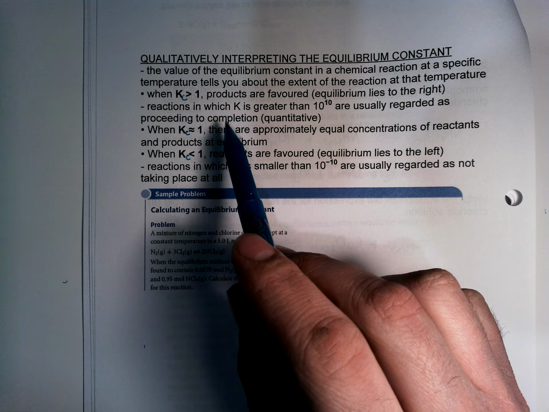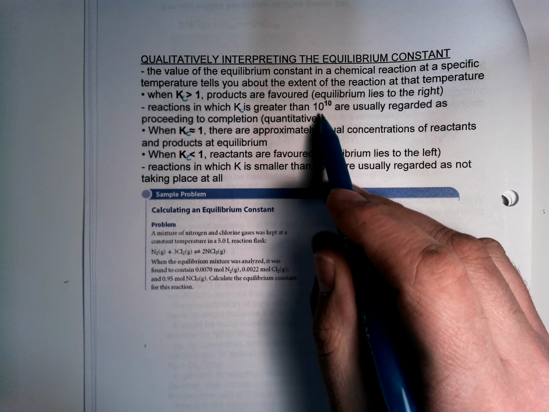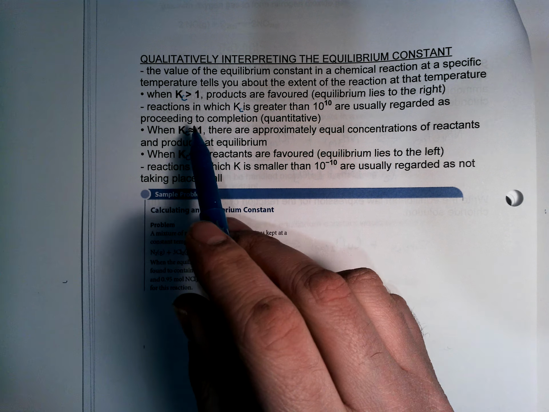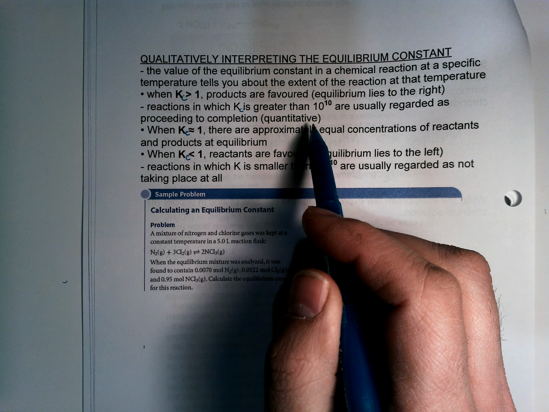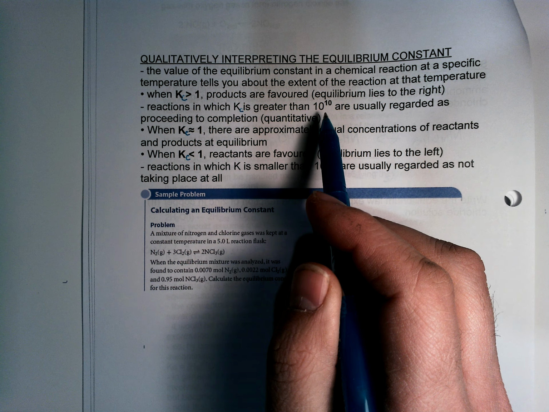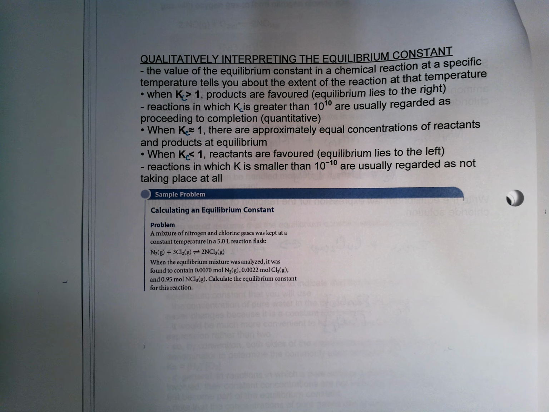Some reactions where the equilibrium constant is greater than 10 to the power of 10 are regarded as proceeding completely, so quantitative. The assumption we've always made is that everything's quantitative, but really it's only if our Kc value is greater than 10 to the power of 10 that all of the reactant is used up to produce the product.